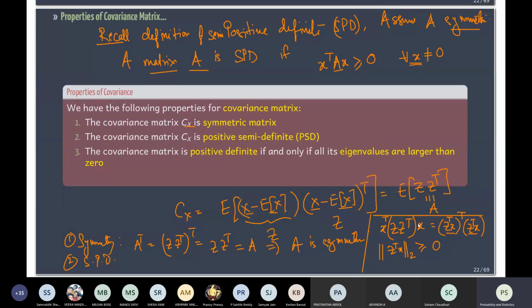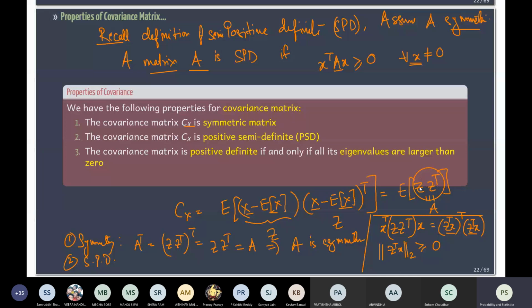So this is true for all of this. You are taking the expectation of this guy, right? If you multiply by x from outside, due to linearity of the expectation you can bring it inside.